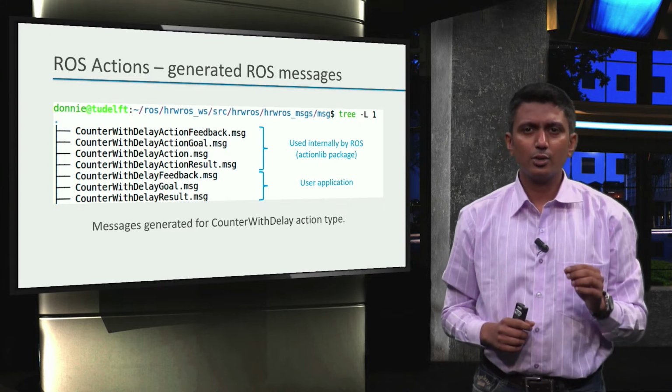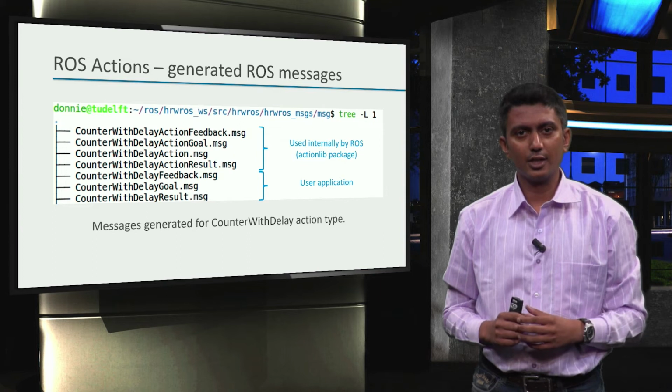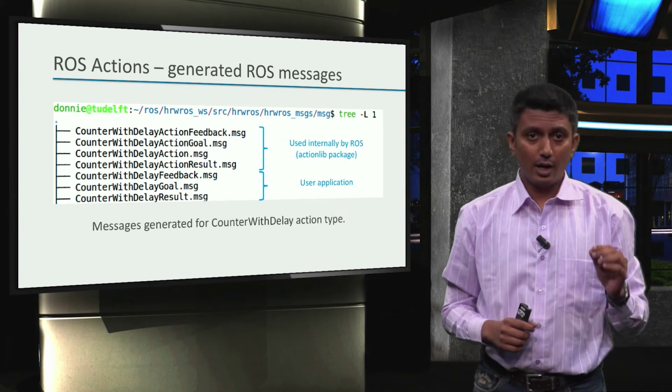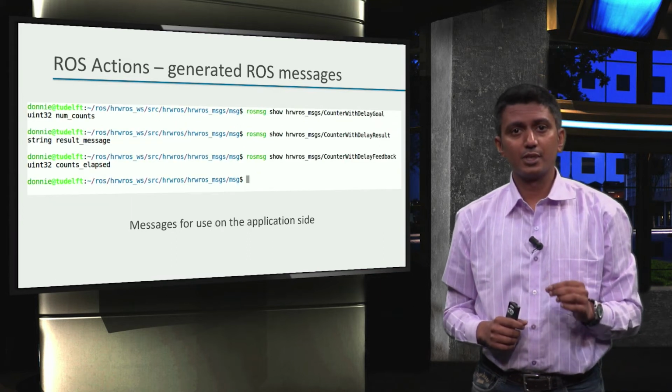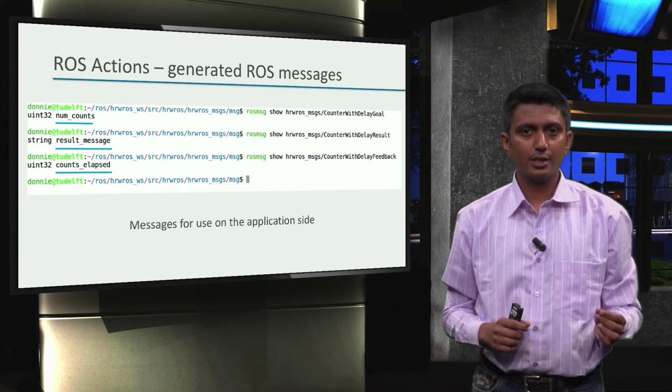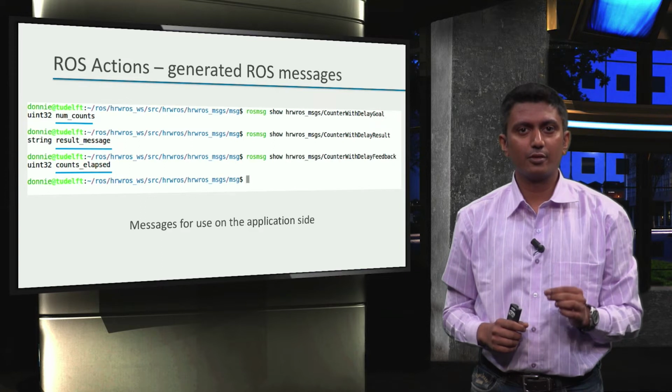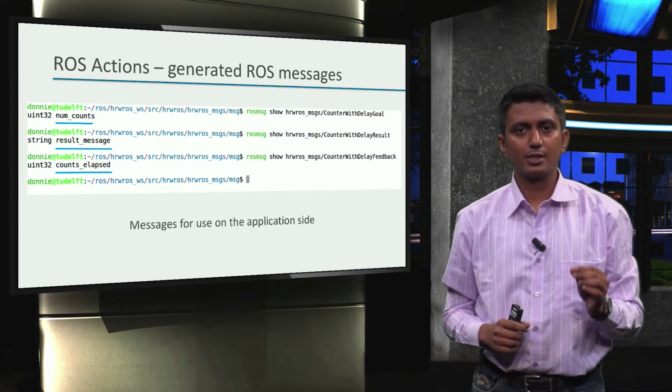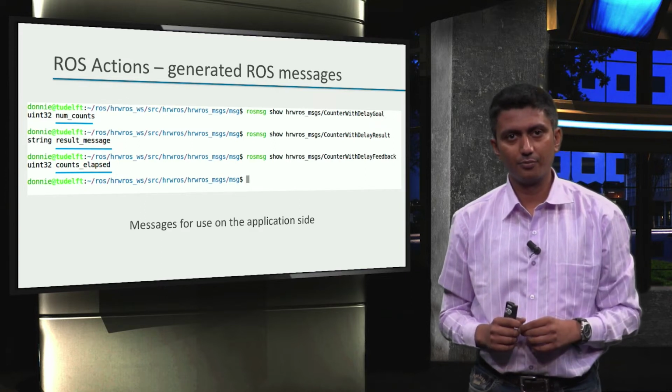Notice that they do not have the word action in their names. And if we use the rosmsg show command for these 3 messages, we can see that their contents correspond to what we defined in the previous video as contents of our action file.